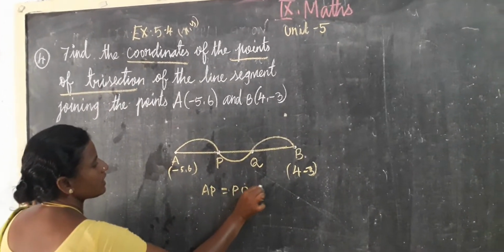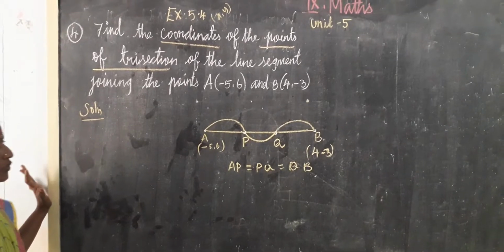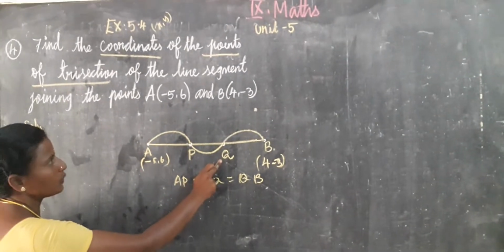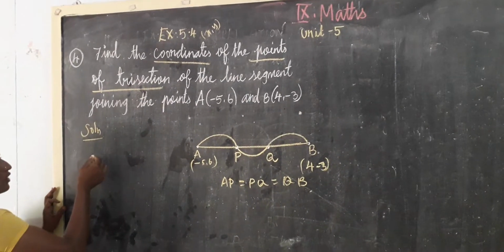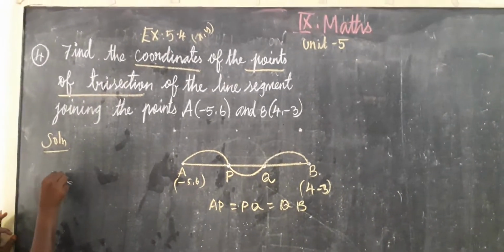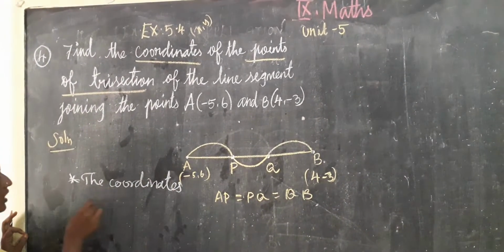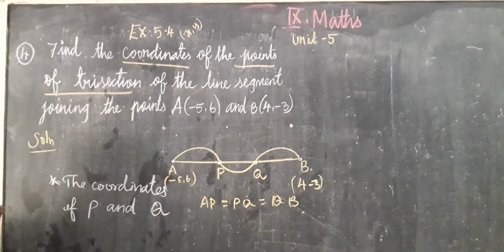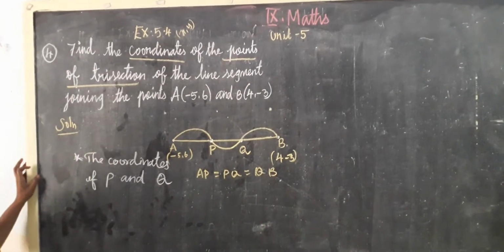So we have to find out the coordinates of P and the coordinates of Q. These are the points of trisection.